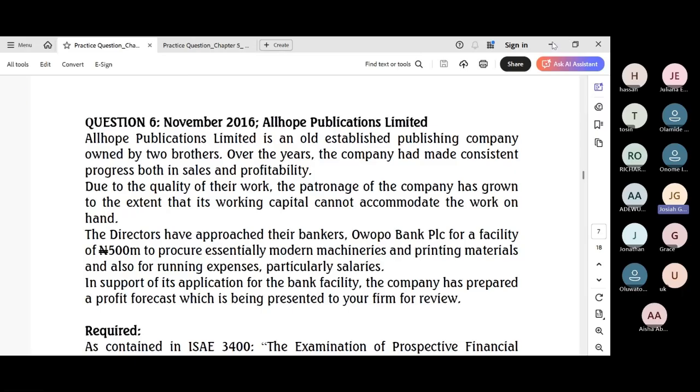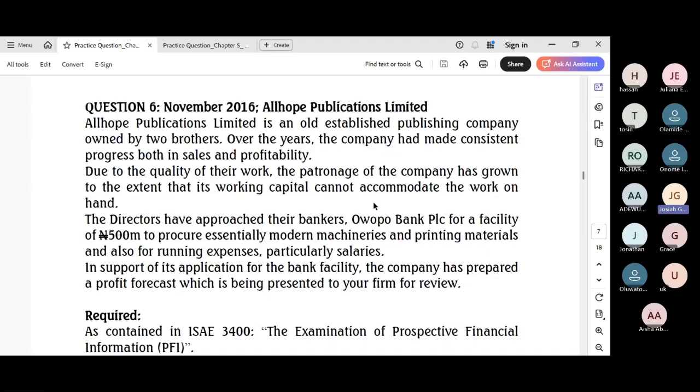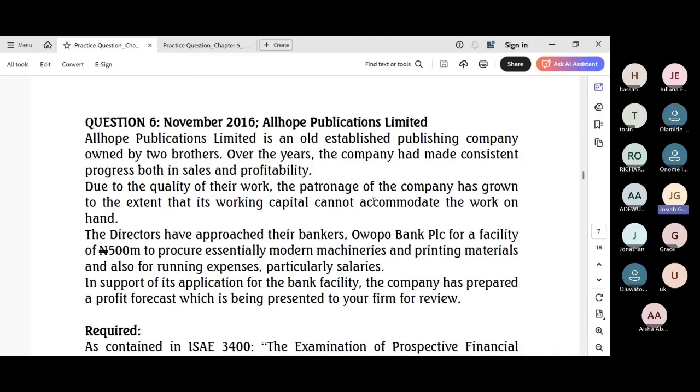All right, so let's go to November 2016. There's a bit of deviation, but I'll show us how it links to Chapter 5. So the question reads: All Hope Publication Limited is an old established publishing company owned by two brothers. Over the years, the company has made consistent progress both in sales and profitability.